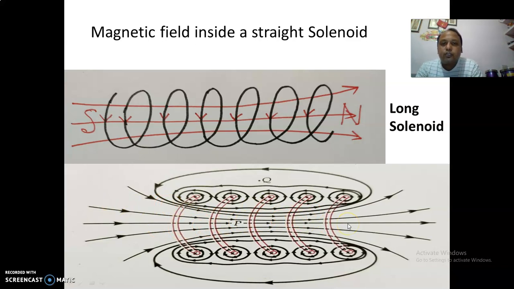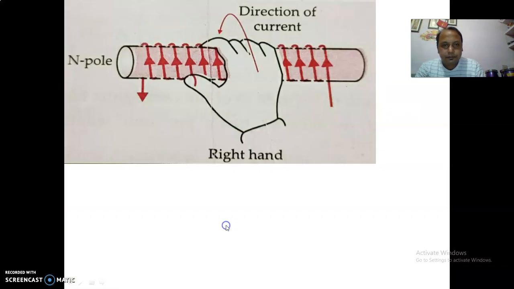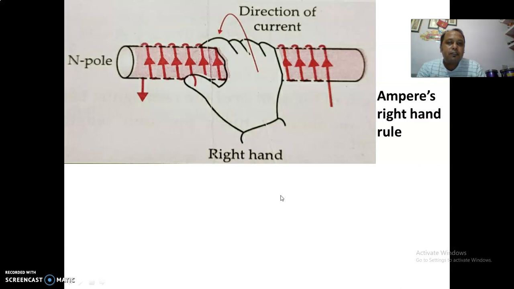What we are going to do is find an expression for the magnetic field inside the solenoid. So let us see how it is done. But before actually going to find the expression for the magnetic field inside the solenoid, let us first discuss one very simple thing: whenever current flows through the solenoid, we can find the direction of the north pole and south pole of the solenoid.